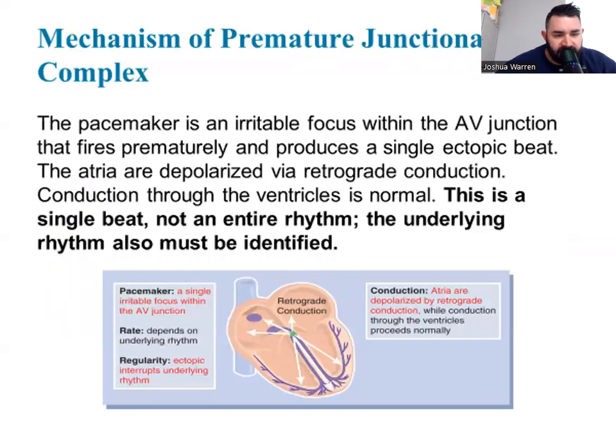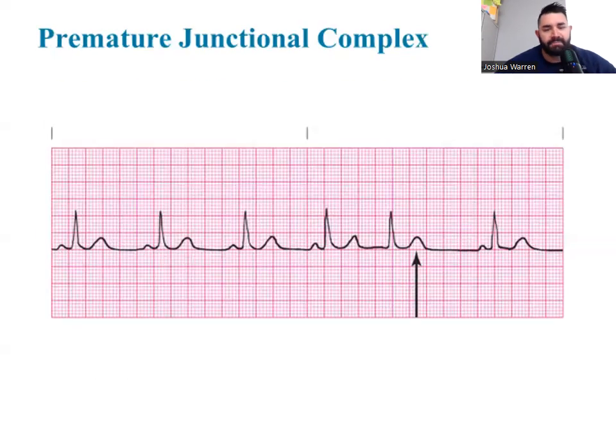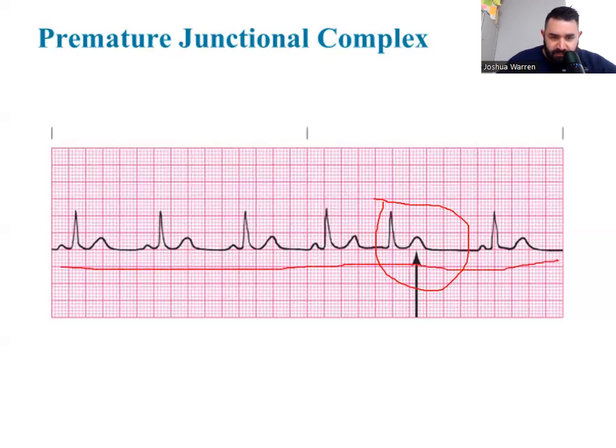So the underlying rhythm doesn't matter. This is a single beat. If that beat right there didn't exist, this would most likely have been a normal sinus rhythm. But this early beat right here threw off the regularity.